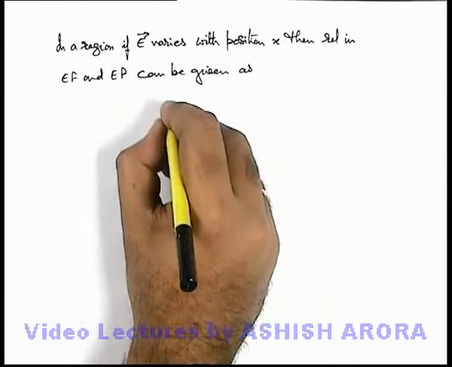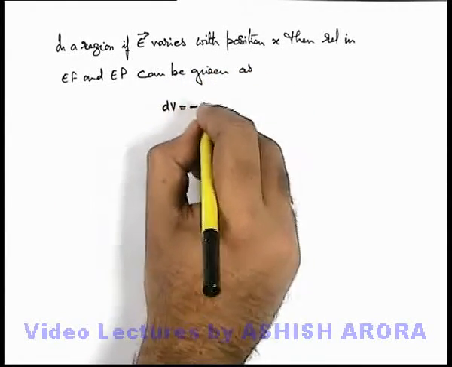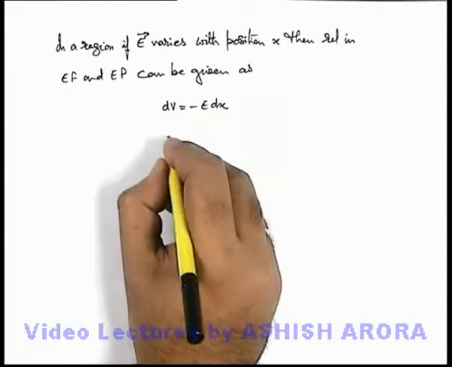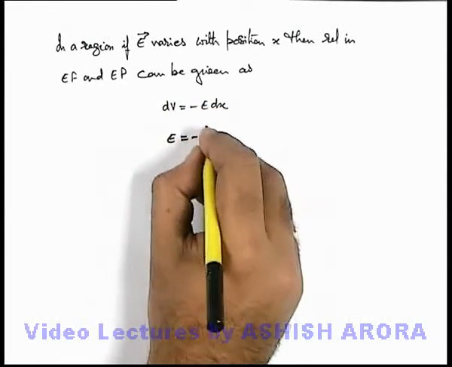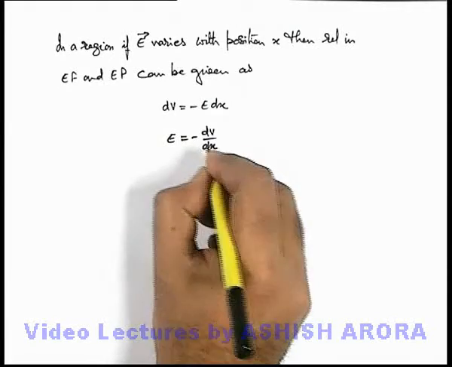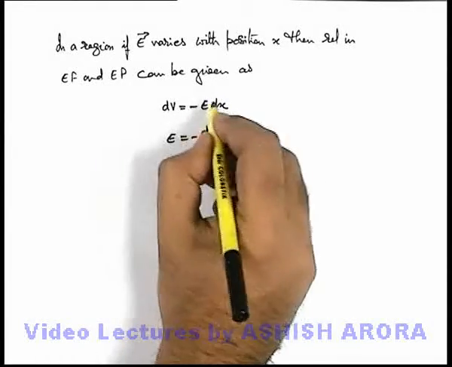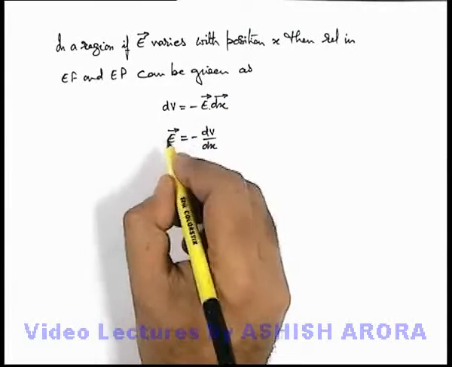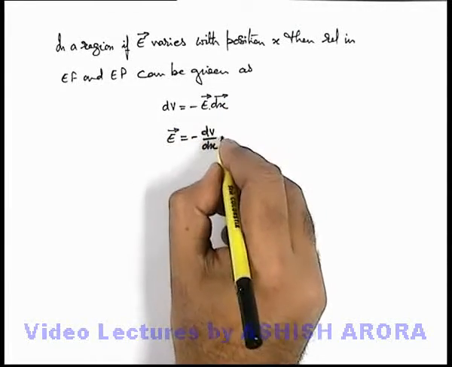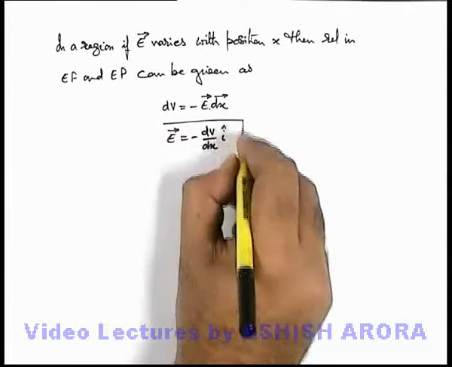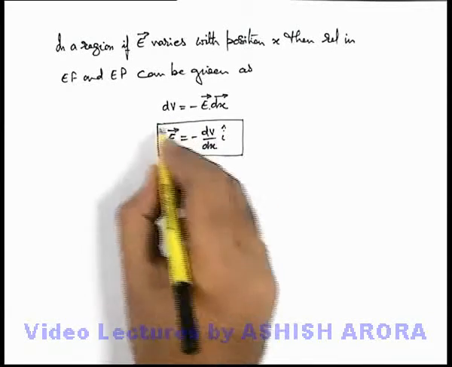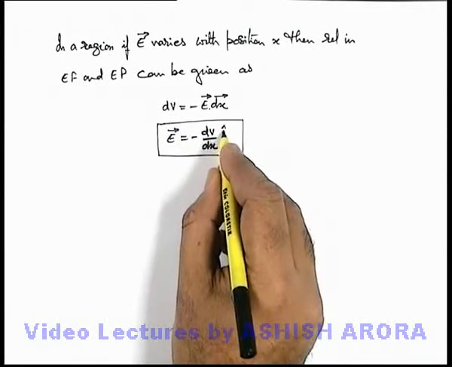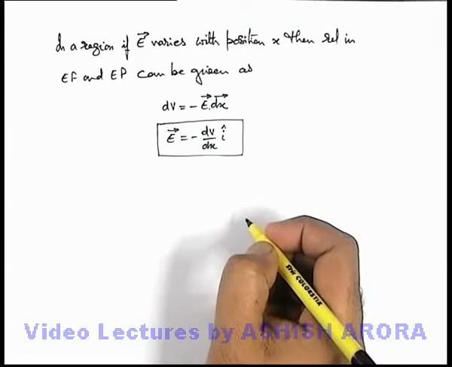We have just now written that dV can be written as minus E dx, or E can be written as minus of dV by dx. If we use vector forms, it can be written as E dot dx, and E vector can be written as minus of dV by dx in the direction of x, which is denoted by placing a unit vector along x direction, that is i cap.